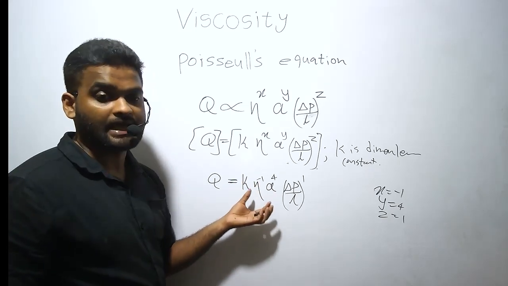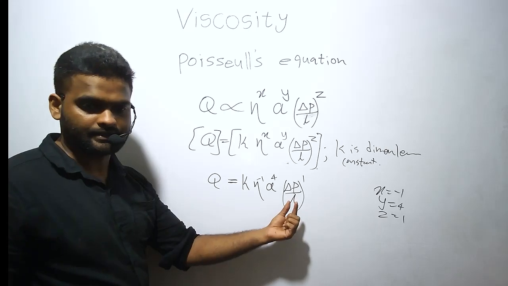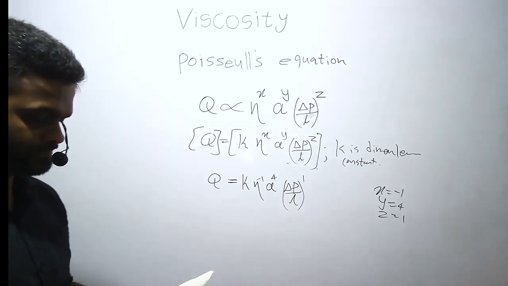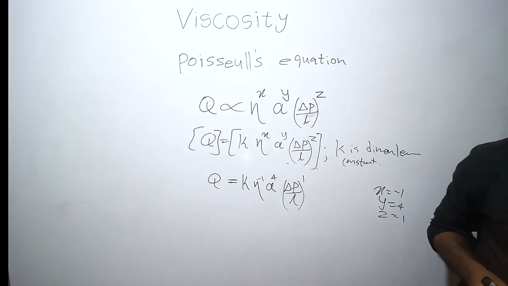Now you have built Poiseuille's equation using dimensional analysis. Write this down. Thumbs up once done.